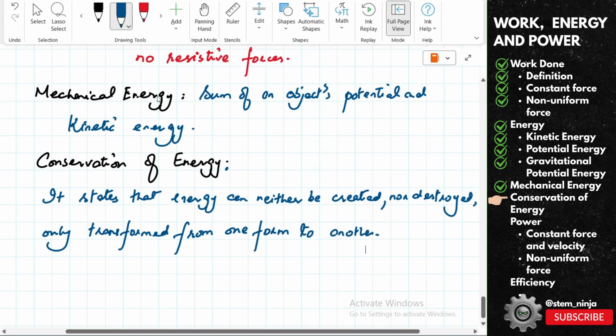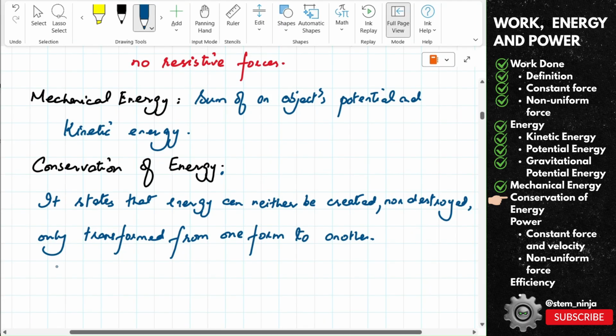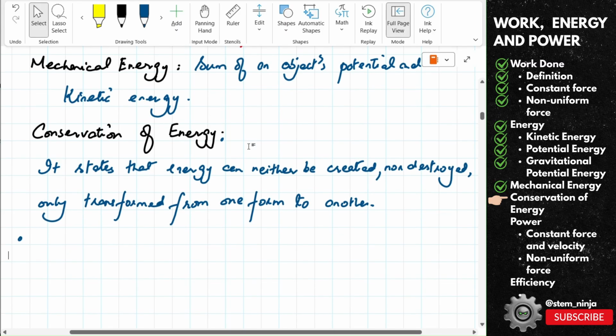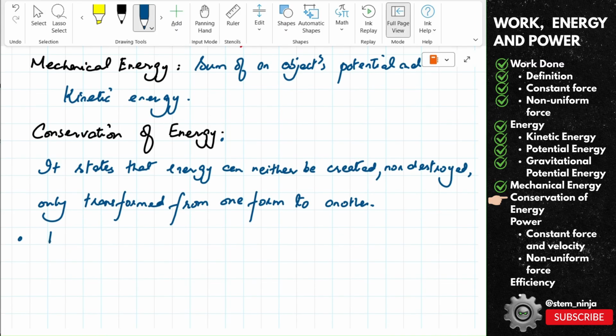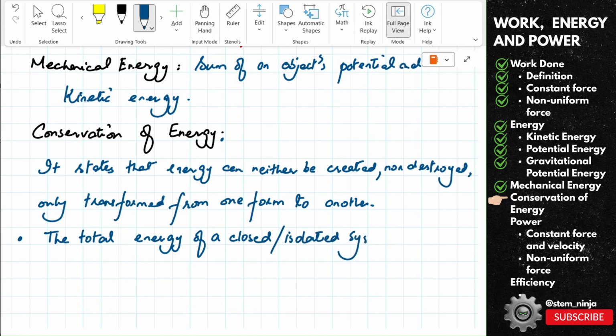Okay? Now, however, an exam-friendly definition or statement is that the total energy of a closed, you can also say isolated system, remains constant.